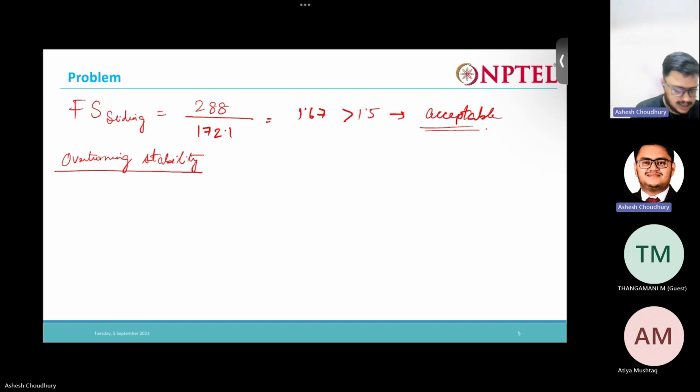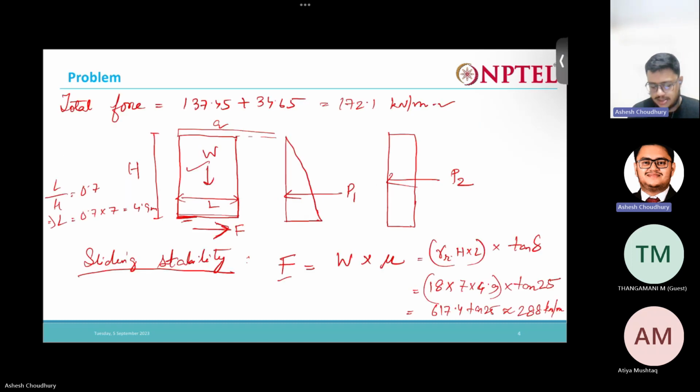So let us just check that once. What is the stabilizing moment? MS is nothing but the stabilizing force times the lever arm. What is the stabilizing force here? P's are the overturning forces, right?